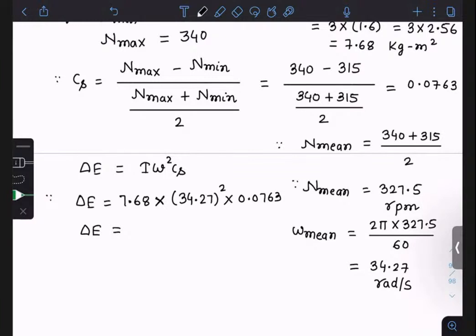So this we are going to get, my dear, 689.50 kilojoule.